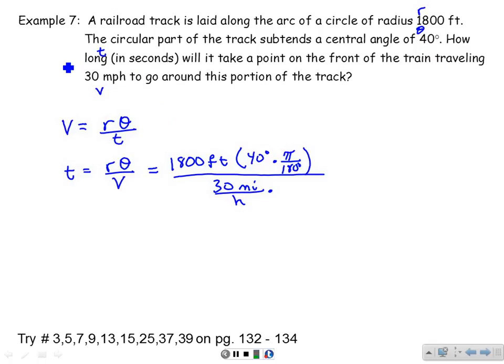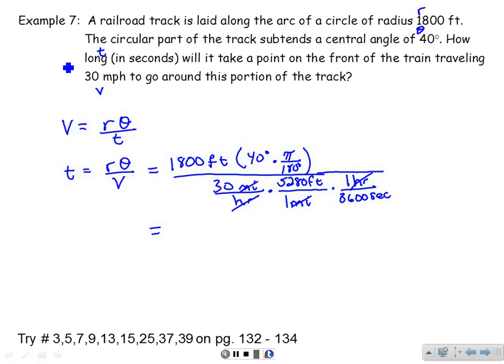So let's go ahead and do a conversion there as well. So 30 miles per hour, I know that 1 mile has 5,280 feet. So that's going to give me feet. I also know that 1 hour has 3,600 seconds. And so that should work out as well. Okay, so let's work on the top. Let's do our multiplication here.